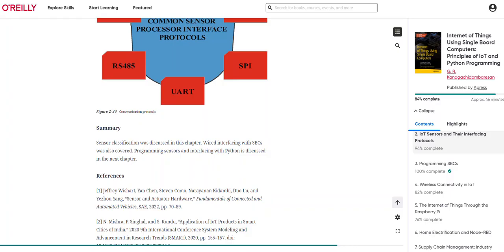Choosing the right sensor and protocol requires balancing complexity, power, cost, and accuracy. Future trends are pushing sensors to be smarter, smaller, and more autonomous. Understanding sensors and how to interface with them is foundational for building reliable, scalable, and efficient IoT systems.